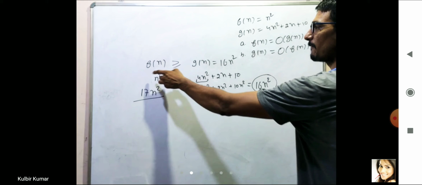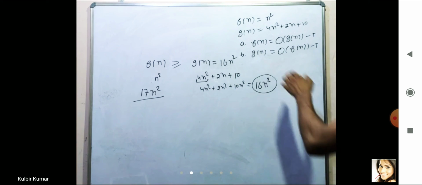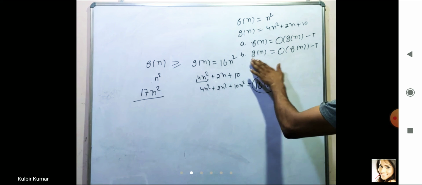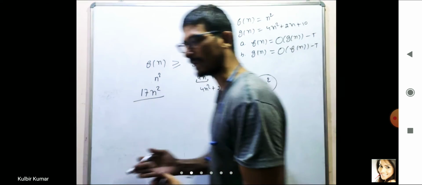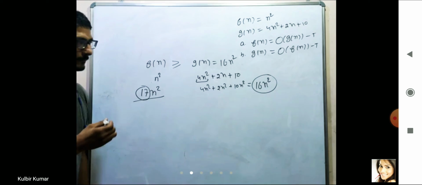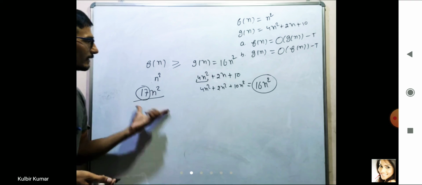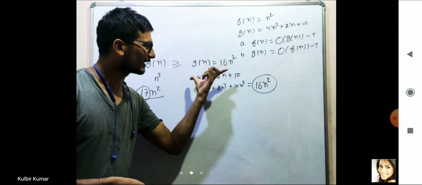right? And this is my function f of n, that is nothing but n square only. And if I have to prove g of n is order of f of n, तो f of n को किसी कांस्टेंट से मल्टीप्लाई करेंगे, राइट? और उस कांस्टेंट की वैल्यू क्या ले लो? 17. सो 17n स्क्वायर क्या होगा? 16n स्क्वायर से बड़ा होगा, और 16n स्क्वायर क्या? इससे बड़ा है.